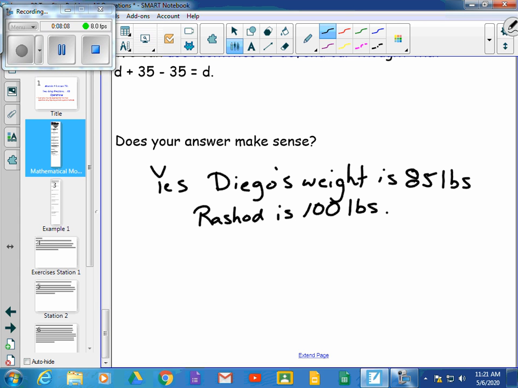And that would be what Juan weighed. That makes sense because it said Rashad is the same weight as what Juan was last year. If we take away that additional 20 pounds, Juan would be 100 pounds, the same as Rashad. So therefore, through multiple steps, we combined them using the tape diagram and algebraic methods to figure out the weight of each person.